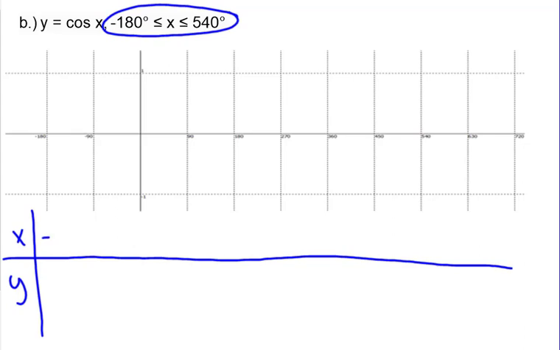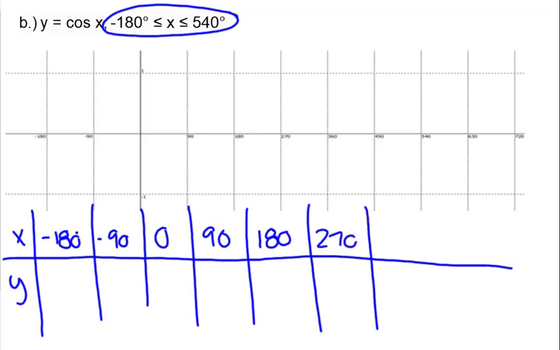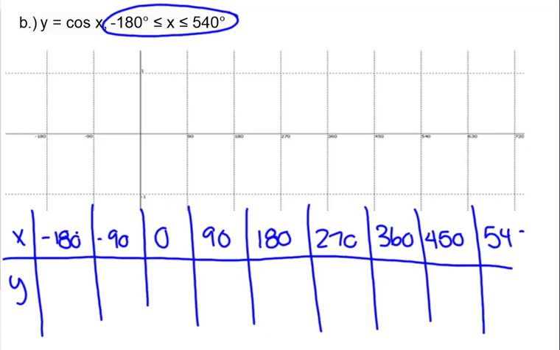So we have negative 180 degrees, negative 90, 0, 90, 180, 270, 360, 450, and 540.